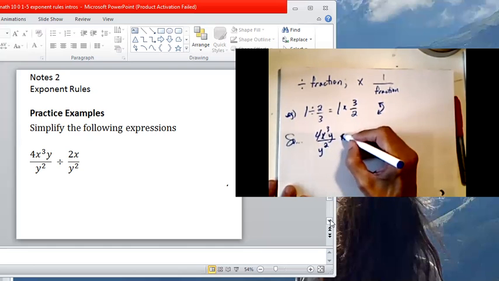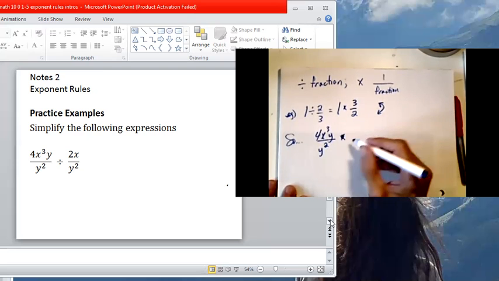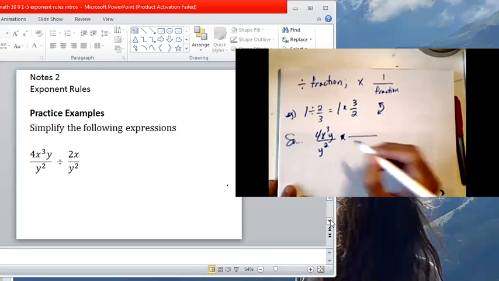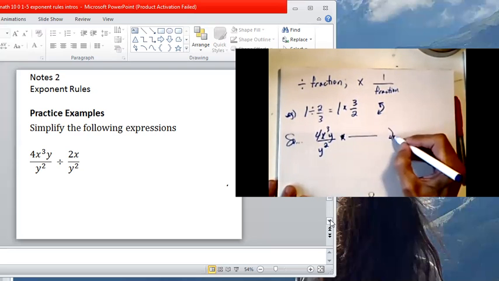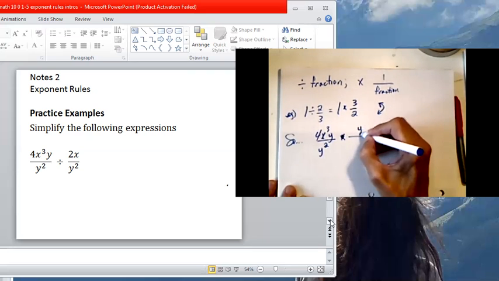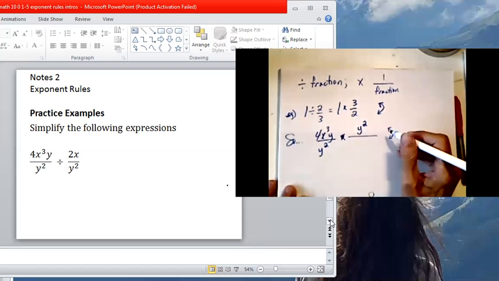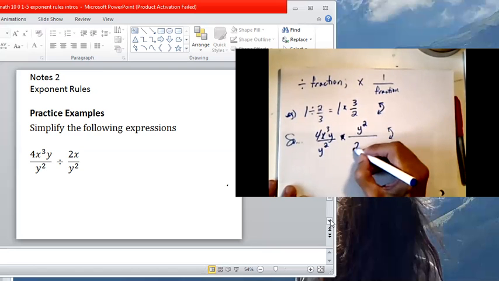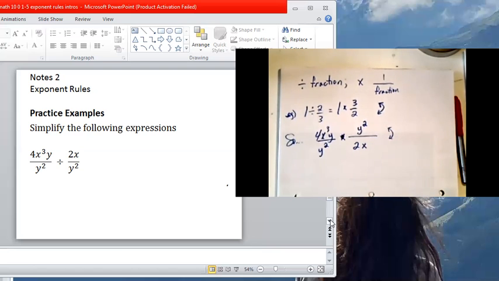I'm going to put a dot for times, just so it doesn't look like x's. So a dot for times, and this fraction goes upside down. Upside down means y to the 2 is on the top, and 2x is on the bottom.